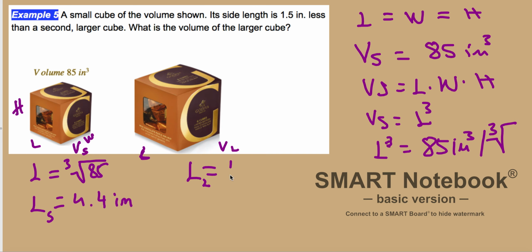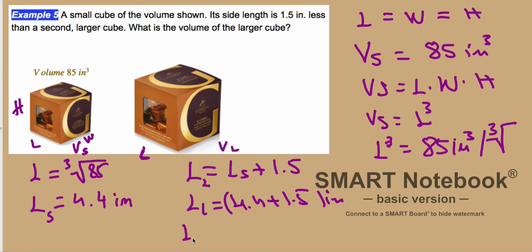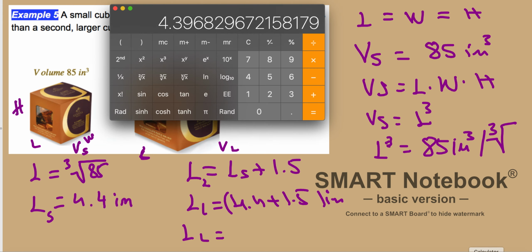LL is equal to LS plus 1.5. LS in this case is equal to 4.4, so 4.4 plus 1.5. Everything is in terms of inches here. So LL happens to be 5.89 inches.